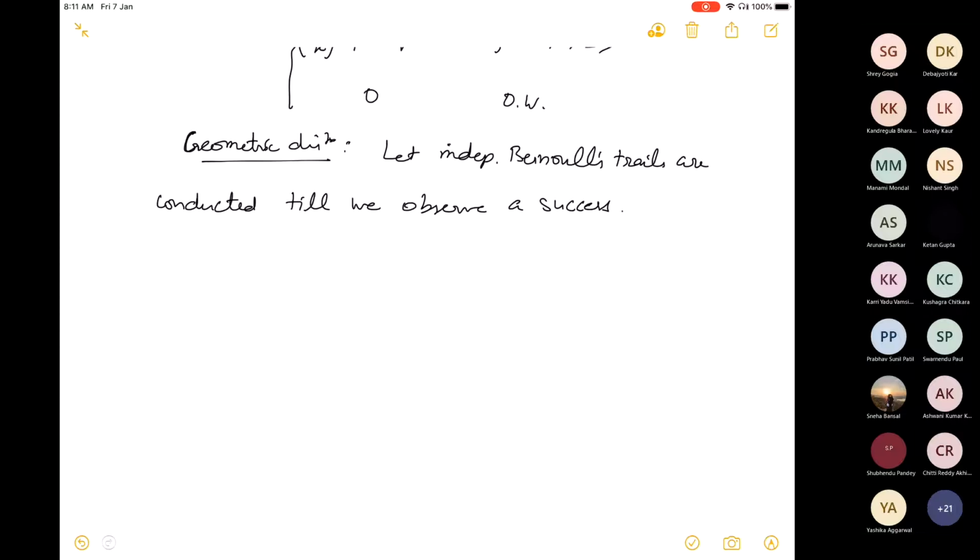So till we observe a success, Bernoulli trials are conducted. So X counts the number of trials to get a success.